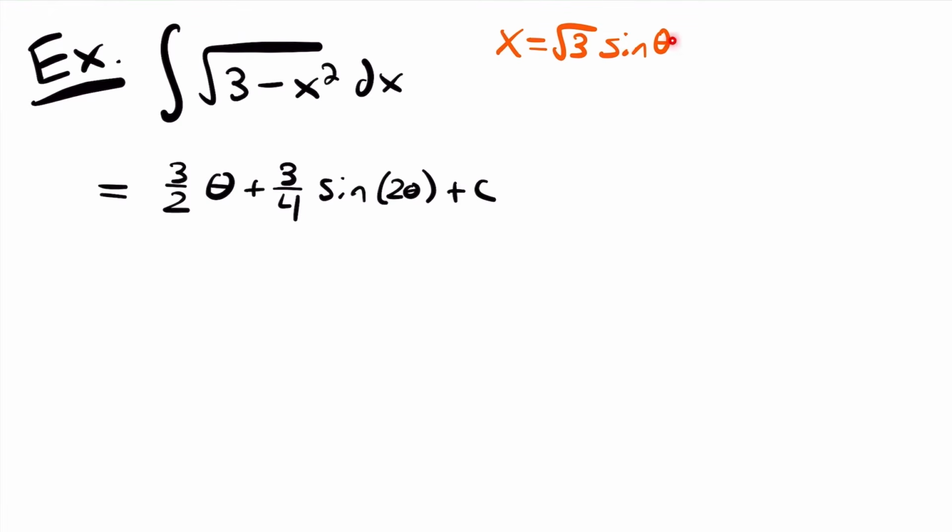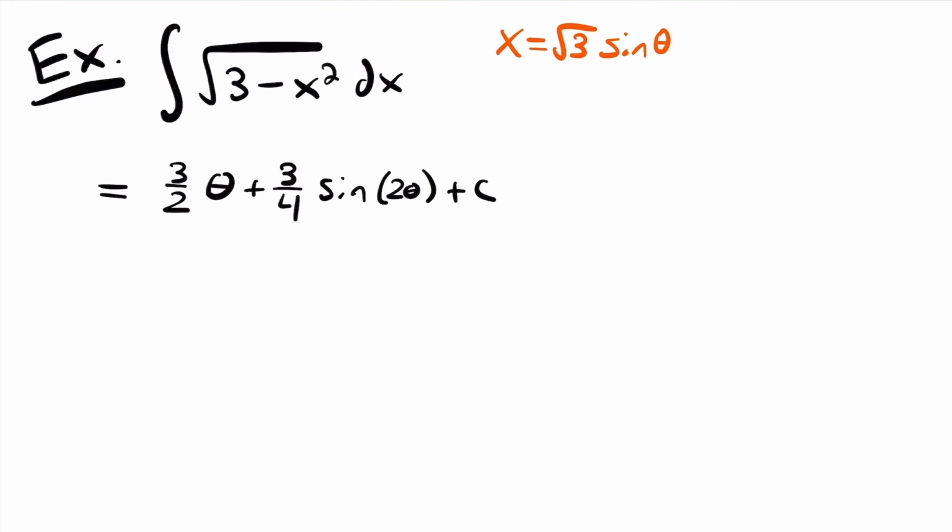We can just solve for theta in this equation here. But sine of 2 theta is going to be a little more tricky. If we're going to use our triangle, like we did in the previous example, it's not going to be very straightforward how we evaluate sine at 2 times theta. And so we don't want to work with this double angle. We'd rather work with just theta within a trig function.